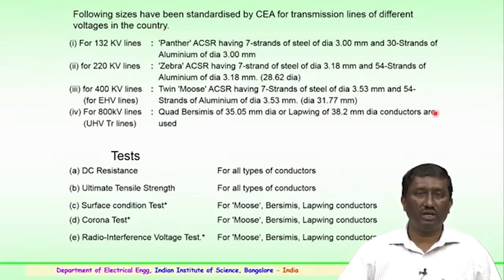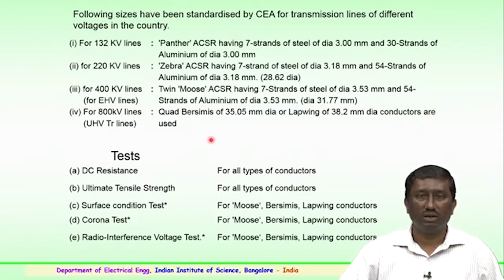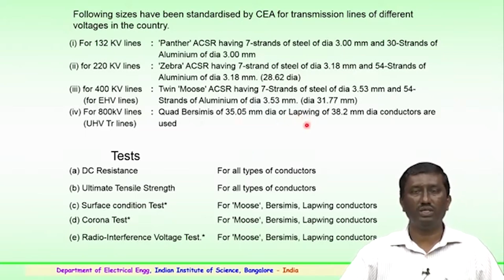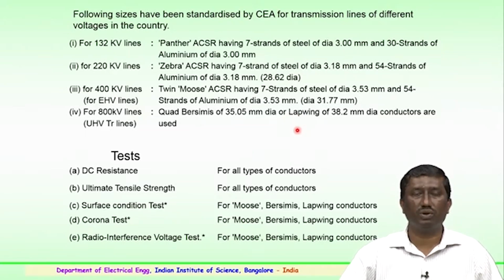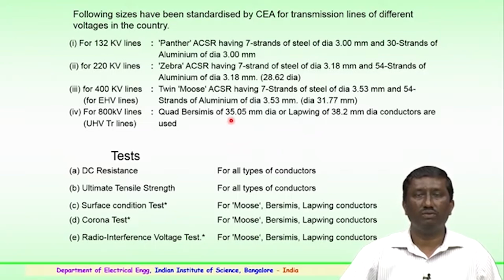For further EHV and UHV transmission lines, the conductors used are Bersimis, again a name of a conductor, or Lapwing or Bull. These are the conductors used for ultra high voltage transmission. Typically, the overall dia of Bersimis is 35.05 mm.